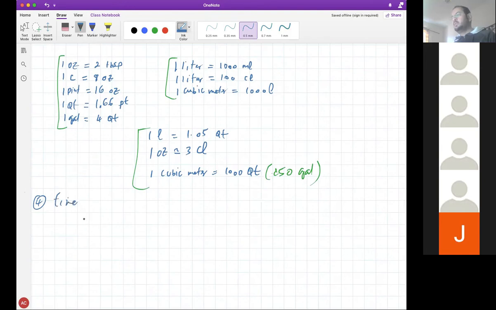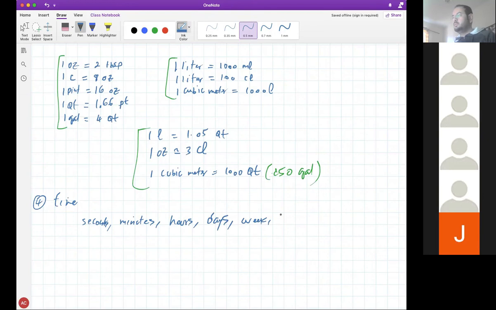We have seconds and milliseconds and so on, but the main one is seconds. We have minutes, of course, hours, days. A few days make a week. And a few weeks make what?